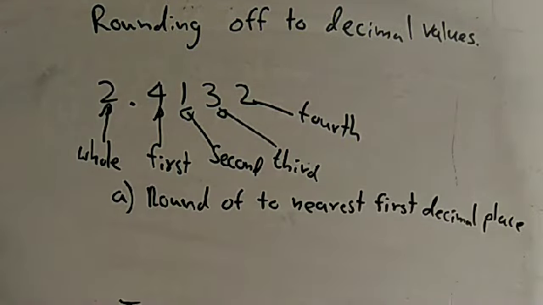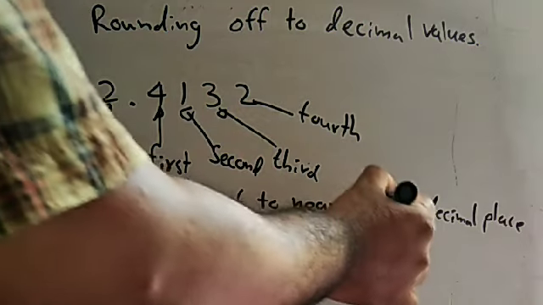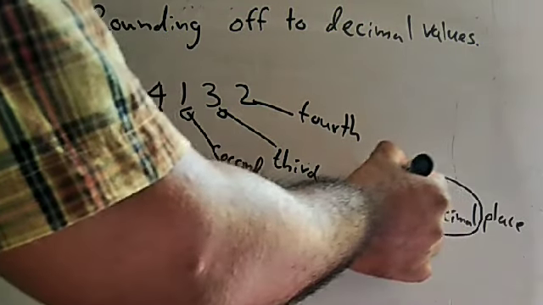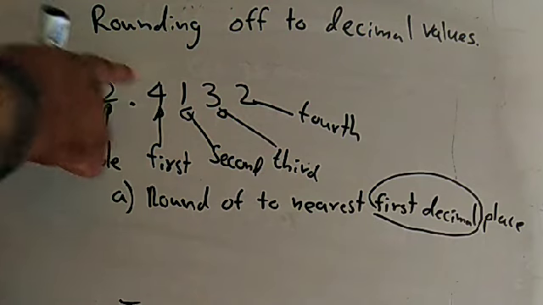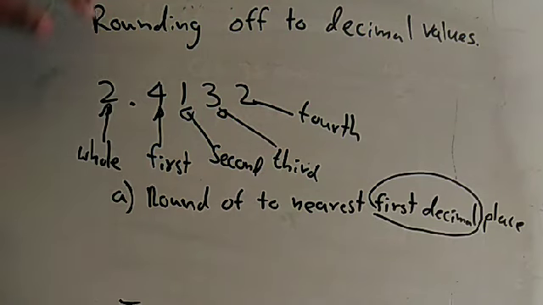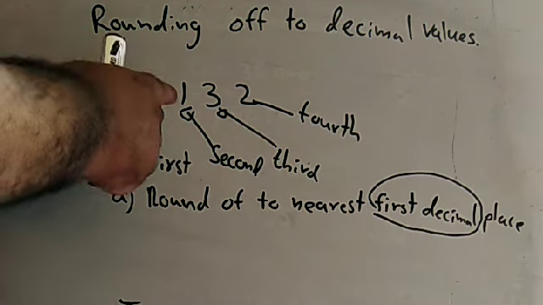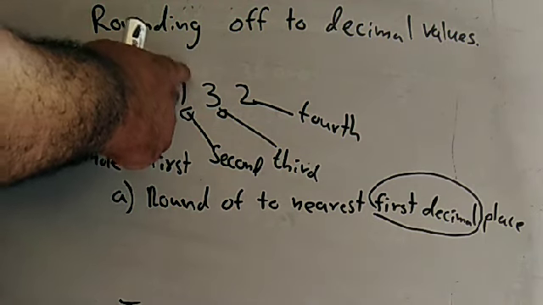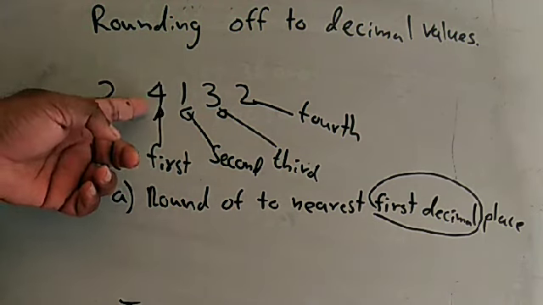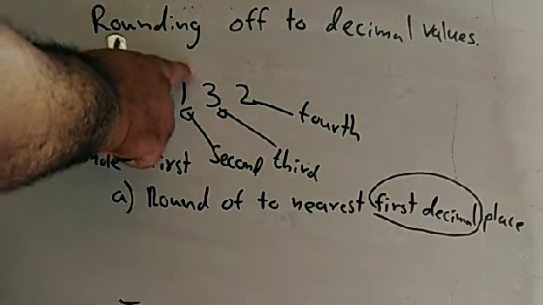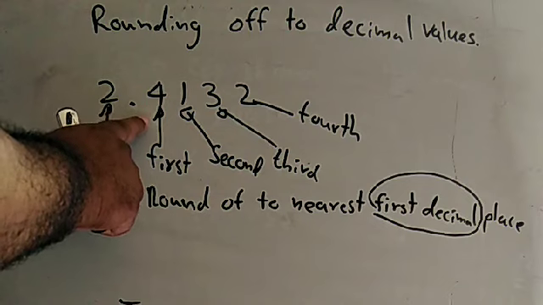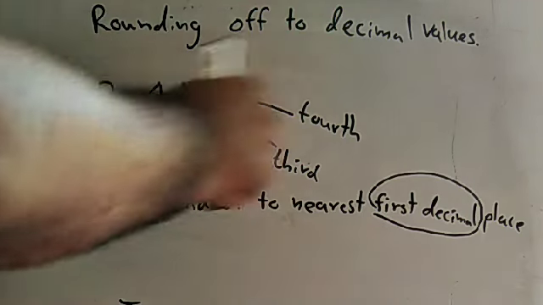It is 4. When rounding to the first decimal place, you should check the second decimal place, the one on the right hand side.